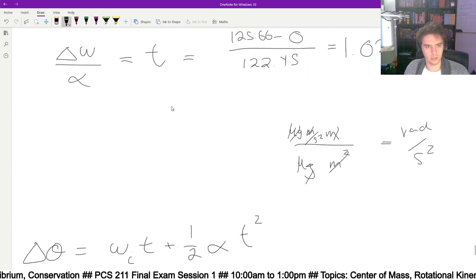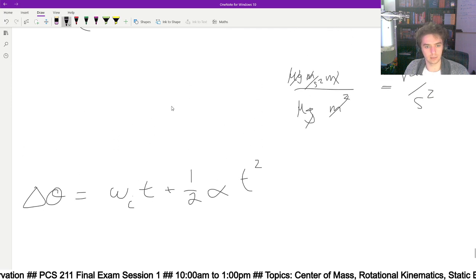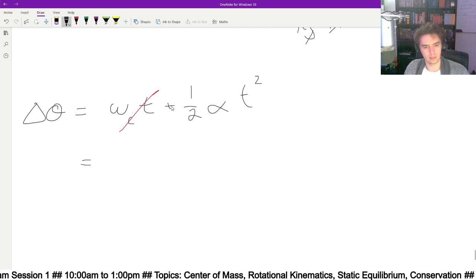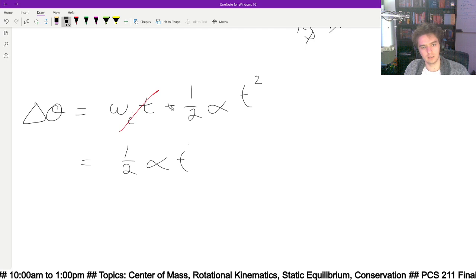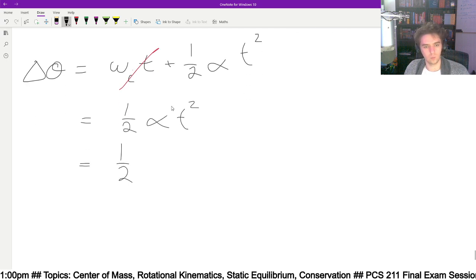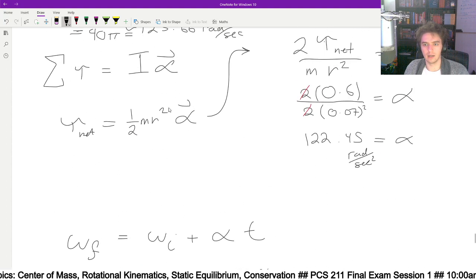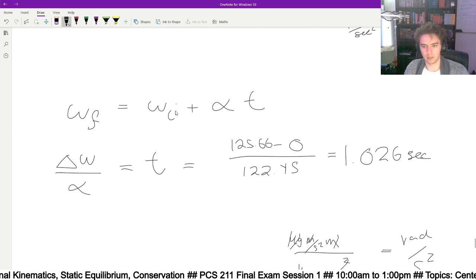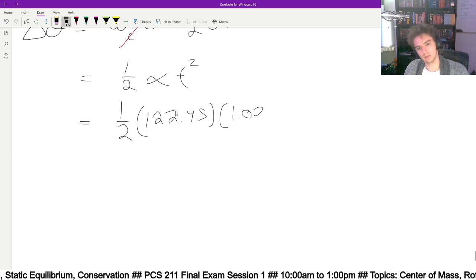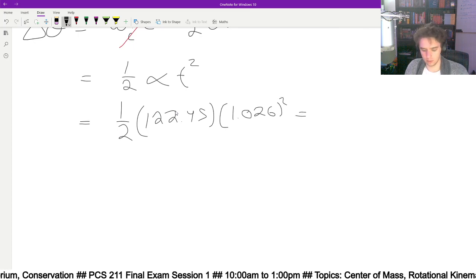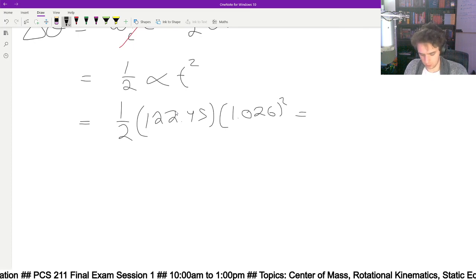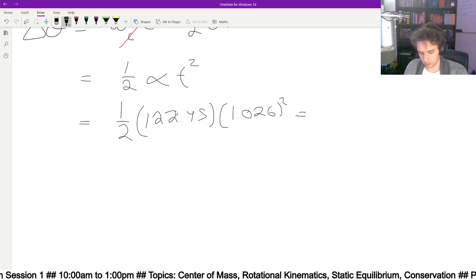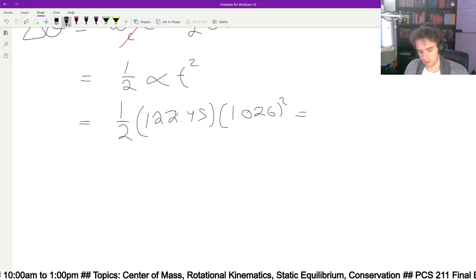To solve for delta theta, it's already in that position, omega i is 0, and delta t is all we care about. So this is equal to 1/2 alpha t squared. 1/2 times 122.45 times 1.026 squared.